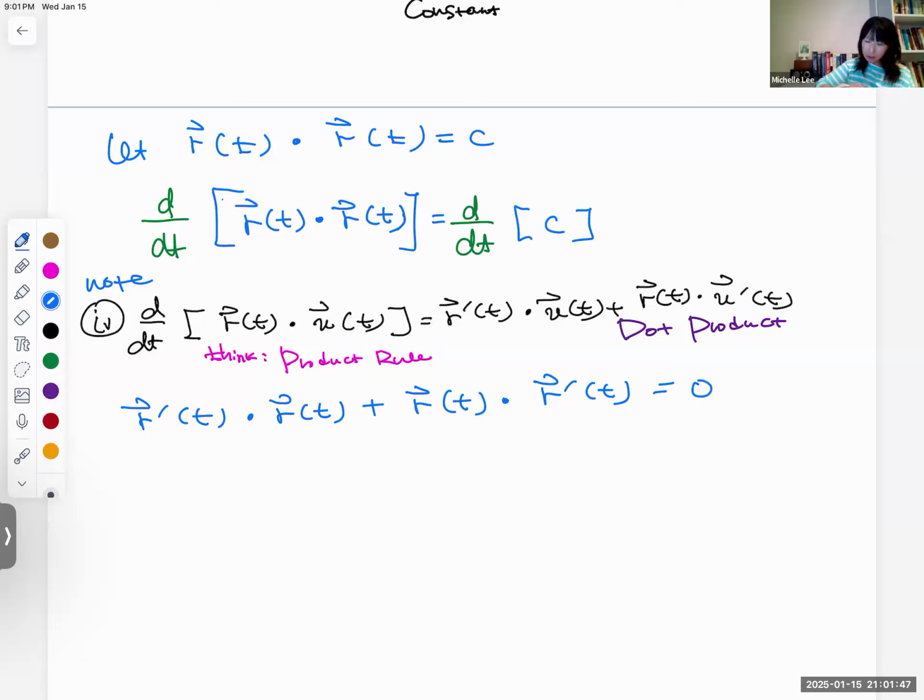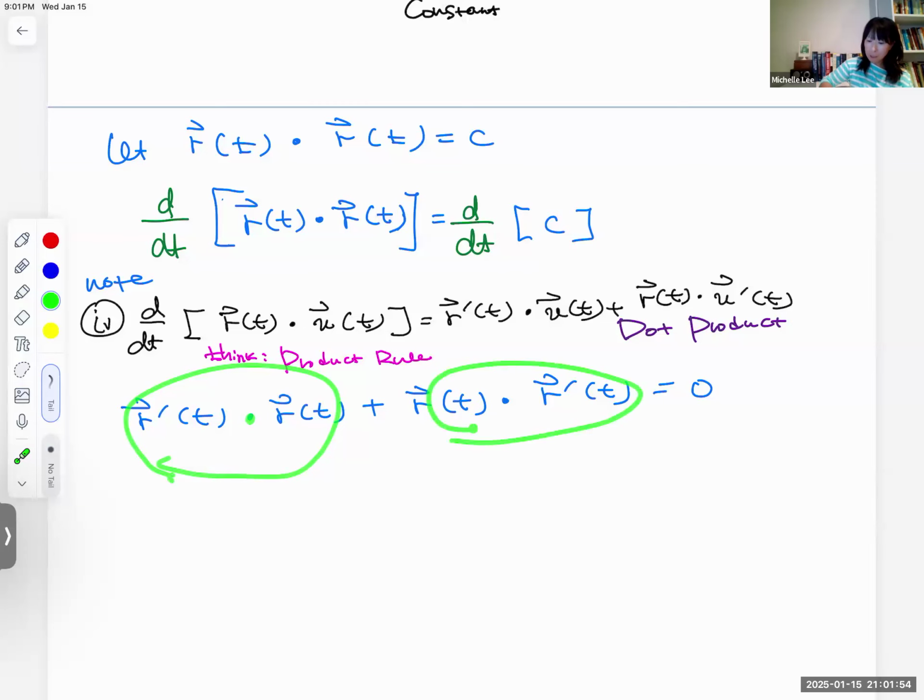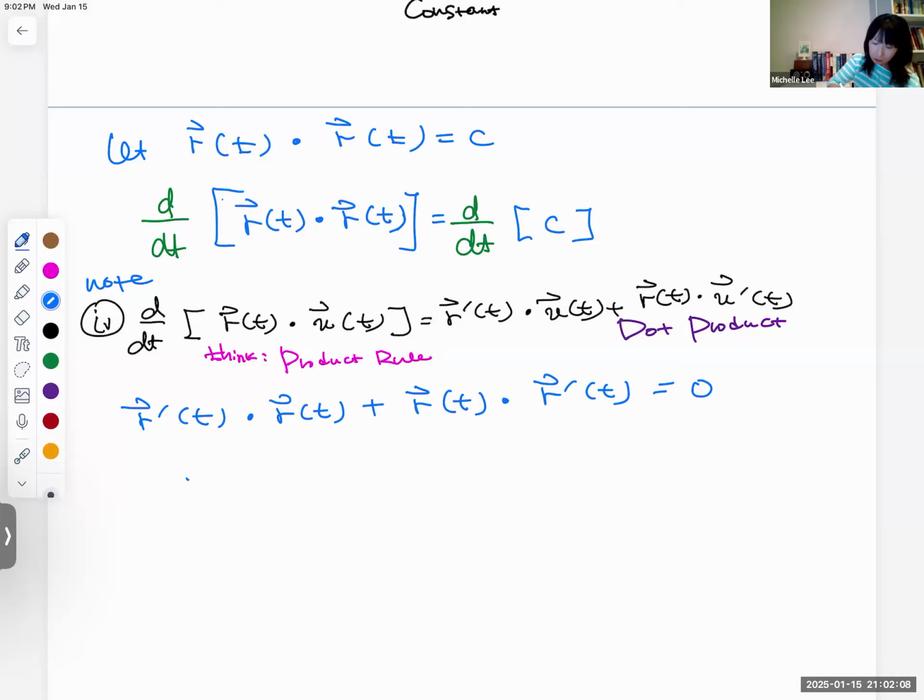Okay, then the dot product is commutative, right? So they are the same. So we can say that 2 r of t dot product r prime of t, or we can say r prime of t and r of t.